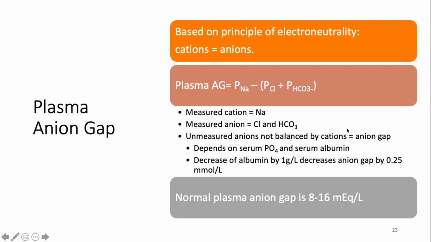Importantly, if you have a patient who has hypoalbuminemia, you need to be aware that the anion gap from this calculation may not be accurate, because in hypoalbuminemia the anion gap should be much lower compared to what you calculate from this.